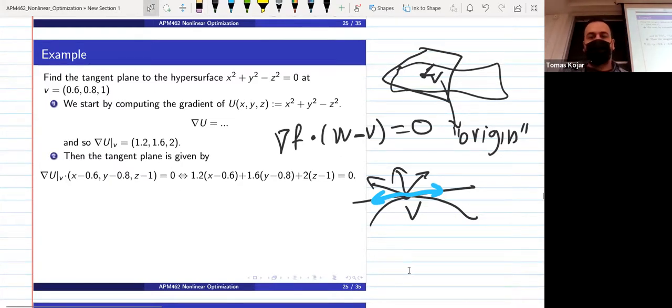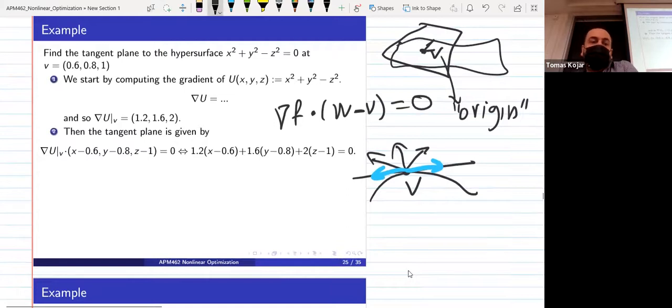From what we just proved, you compute the gradient, we did that over here, and then we dot it with this vector, and it gives us this equation.